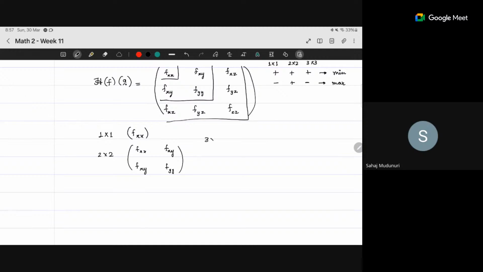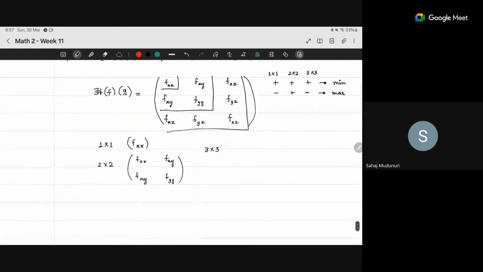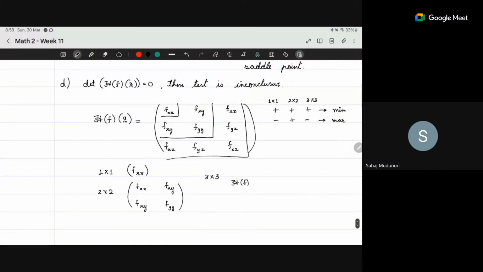And then you look at the 3x3 submatrix, which is just the whole thing, because you have a 3x3 matrix itself. So H of f itself is the 3x3 submatrix. If the determinant of each of these is plus, then you have a minimum. If the determinant of the first is minus, the second is plus, and the third is minus, then it is a maximum.